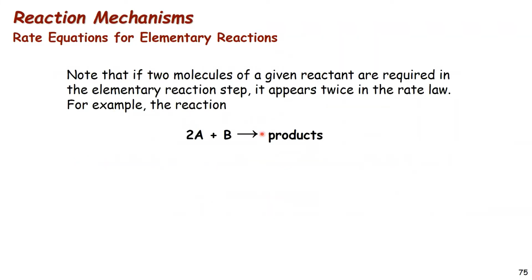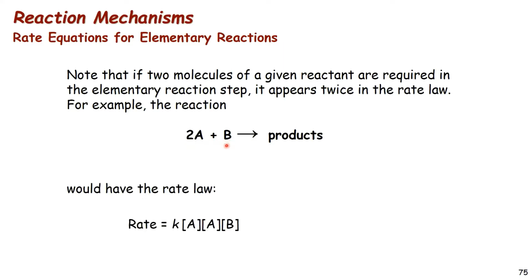Well, what if we had this? Again, this is 2 particles of A, so at the same time those 2 A particles are colliding, they collide with B. So again, another termolecular elementary step. That's 3 particles. The rate law this time, we could write it like this: the rate is equal to the rate constant times the A concentration times the A concentration times the B concentration.